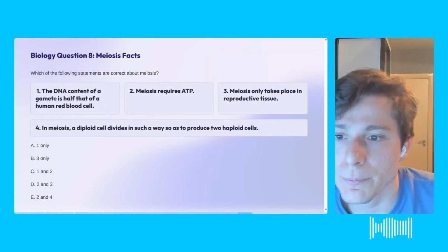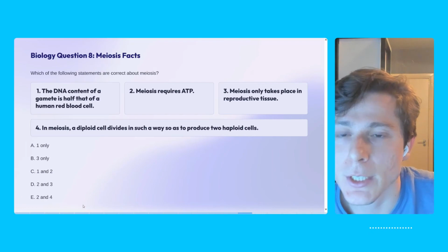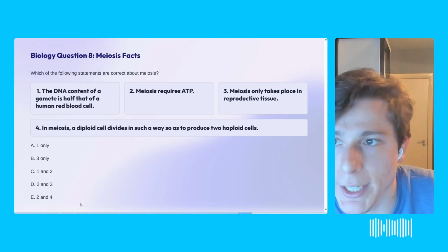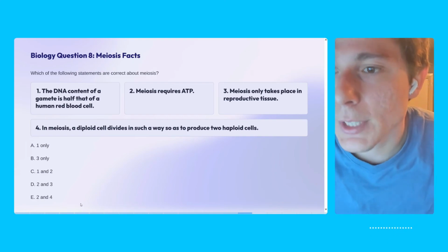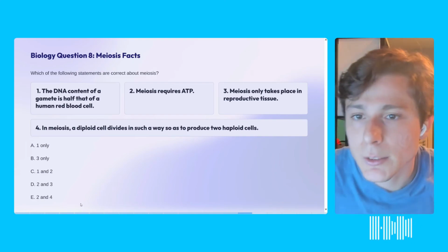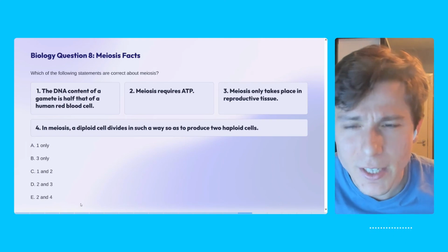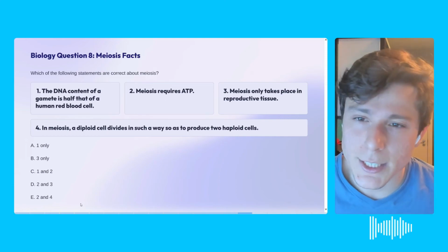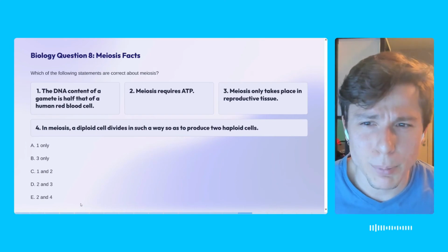Let's move forward. We're almost there. Question 28. Meiosis facts. Which of the following statements are correct about meiosis? Once again, the DNA content of a gamete is half that of a human red blood cell.